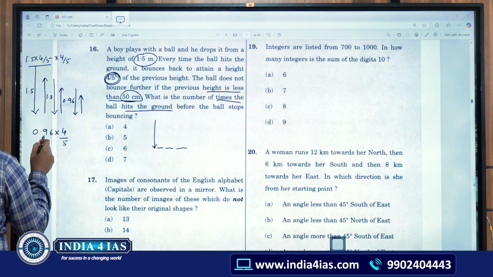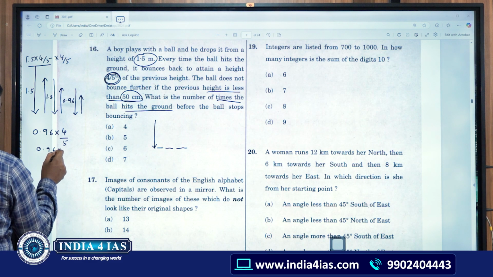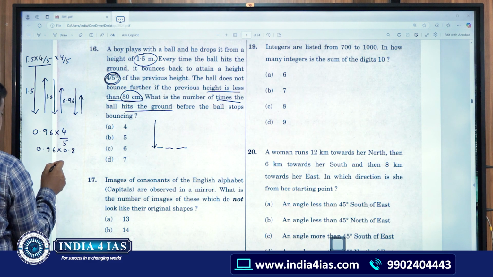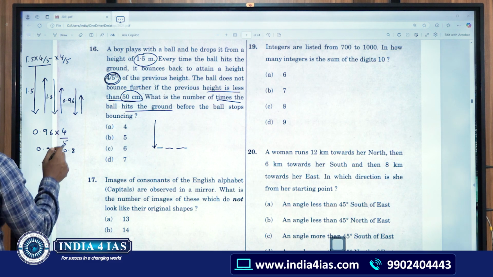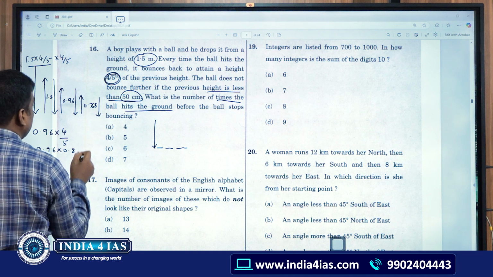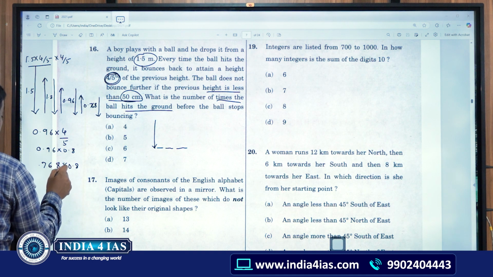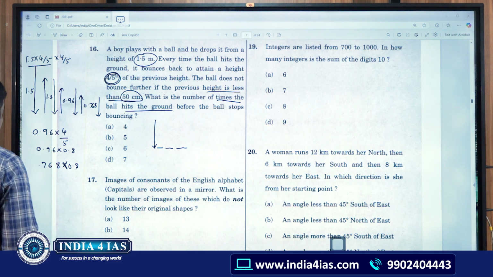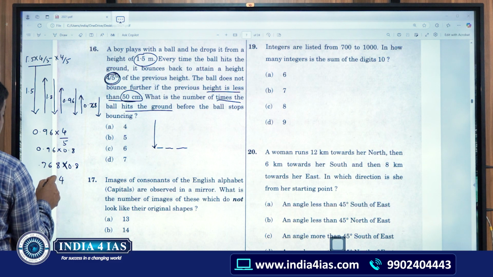So here it is 0.96 into 0.8. 6 8s are 48, 8 9s are 72, 768. So this is 0.768. Now again it will hit down. Then 0.768 into 0.8. 8 8s are 64, 8 6s are 48, 48 plus 6 is 54.